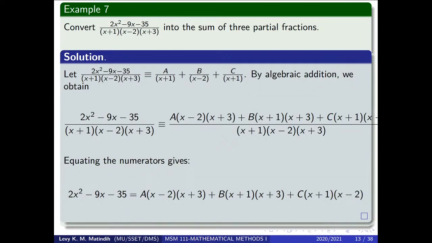So the next example says convert 2x squared minus 9x minus 35 into the sum of three partial fractions.